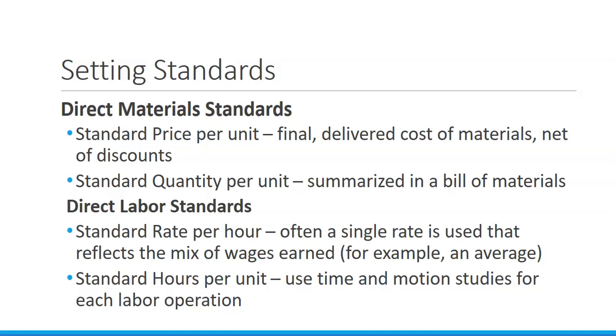That rate that we use in budgeting is usually an average. So we probably start people at one wage, and then after a year, we have different areas where we bump them up in pay. And so the single rate that we use is generally an average for direct labor. And then the standard number of hours per unit.